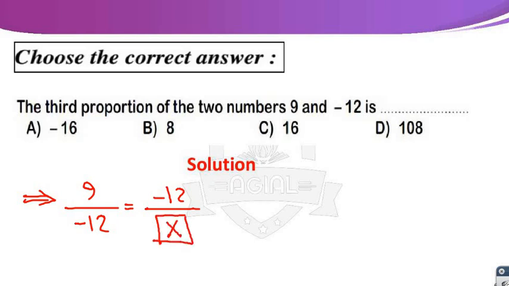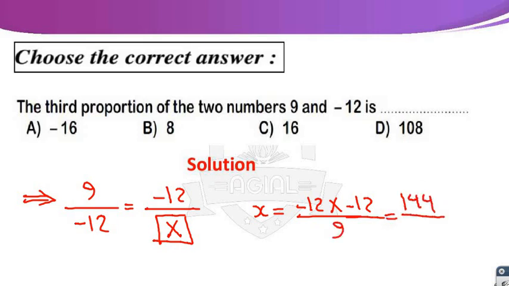X is called the third proportion. Then x equals negative 12 times negative 12 over 9 equals 144 over 9 equals 16. Then the third proportion is 16.